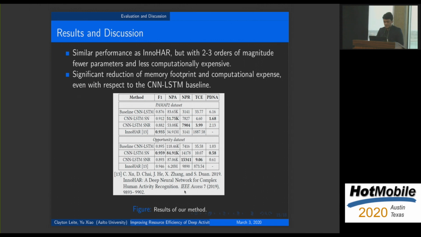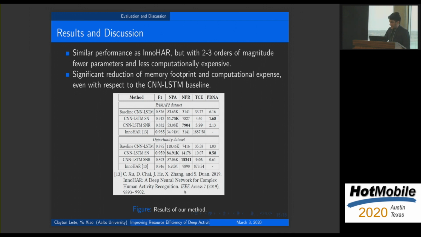So, as I said, 2 to 3 orders of magnitude fewer parameters and less computation expense. And there is also a significant reduction compared to the baseline using long sliding windows with overlapping. Also, this metric that we introduce, the last one on the right, means that we need less data. With our method, we need less data to correctly predict an activity.